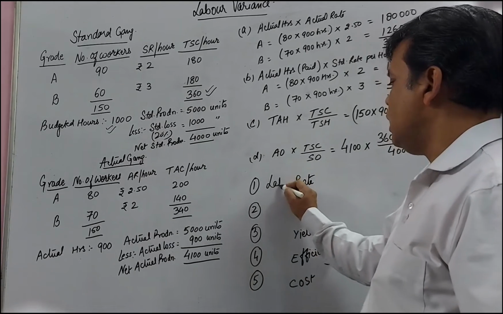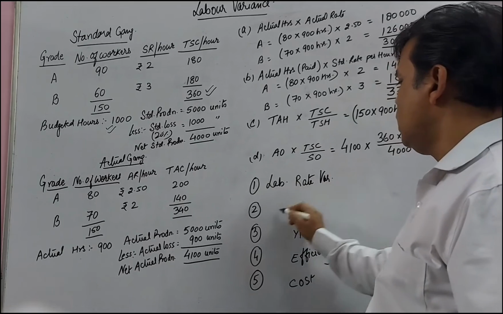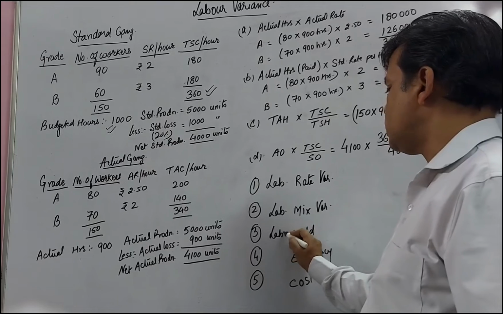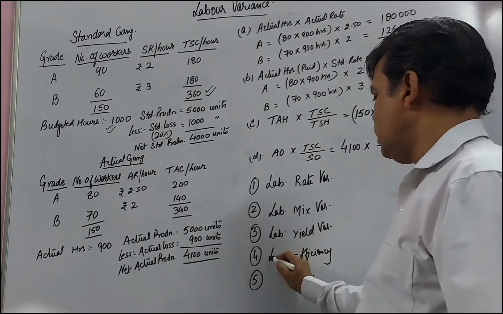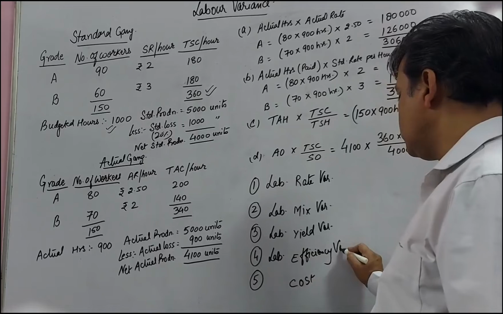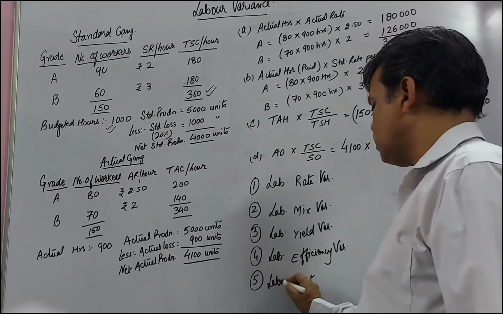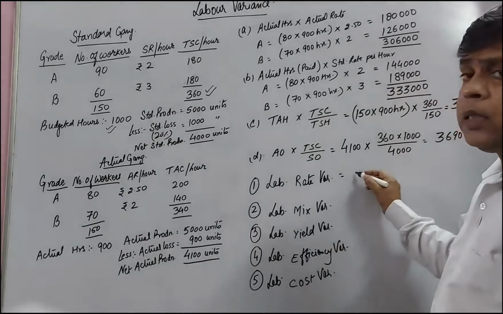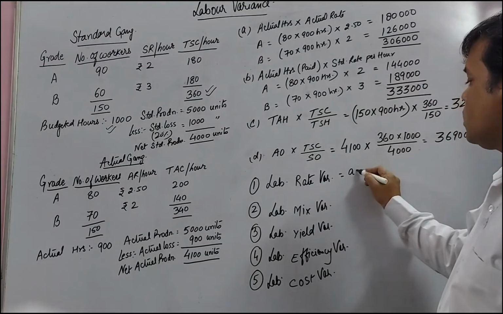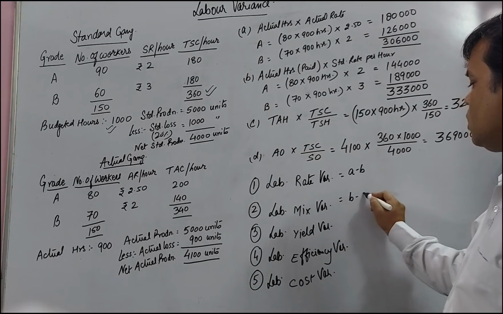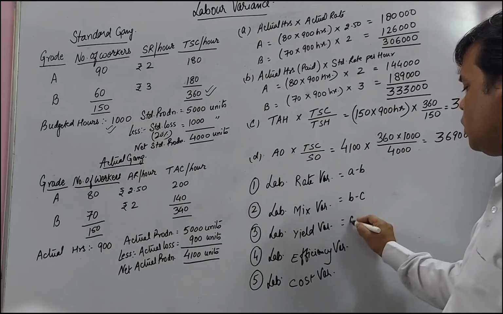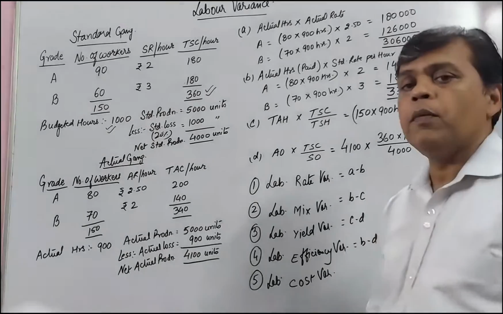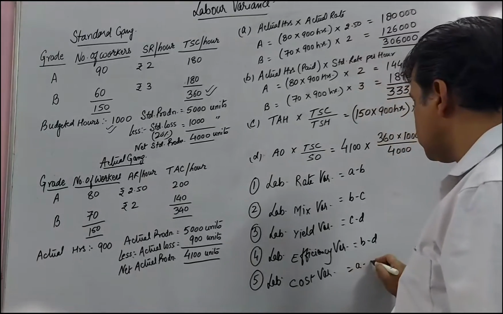So this is labor rate variance, labor mix variance, labor yield variance, labor efficiency variance, and labor cost variance, right? And same as material variance, labor rate variance is going to be A minus B, labor mix would be B minus C, labor yield would be C minus D, labor efficiency would be B minus D, and labor cost variance would be A minus D.